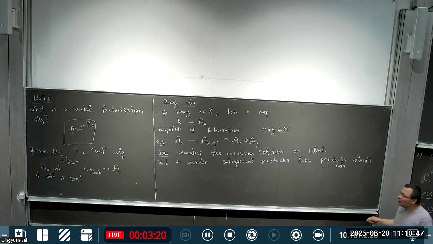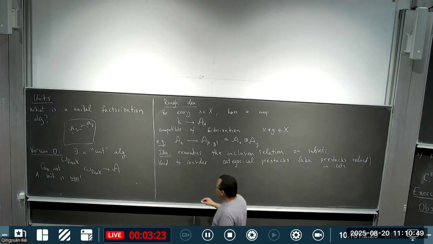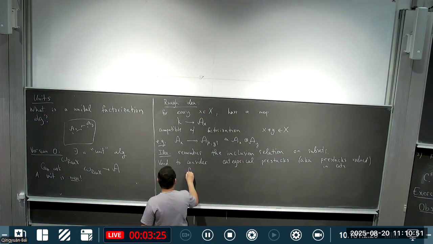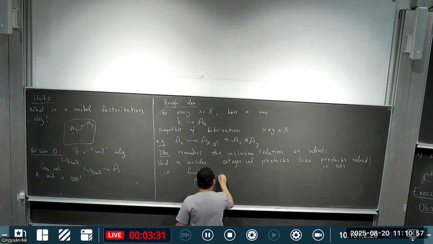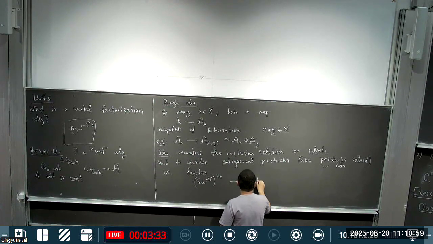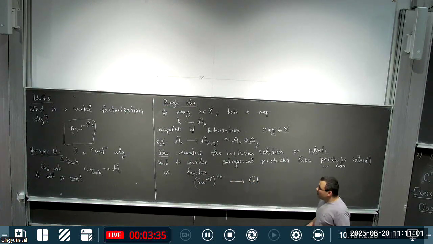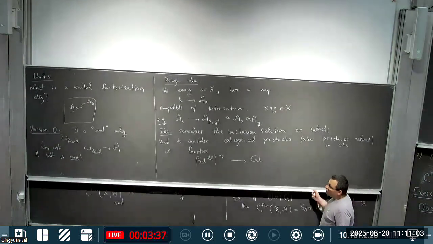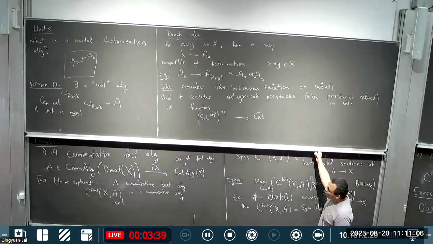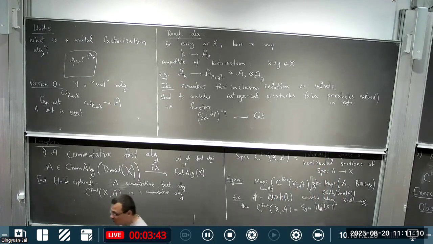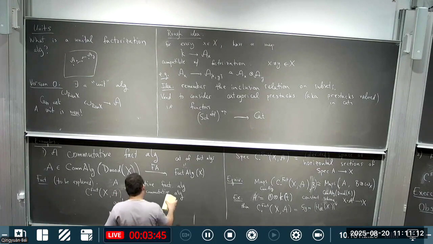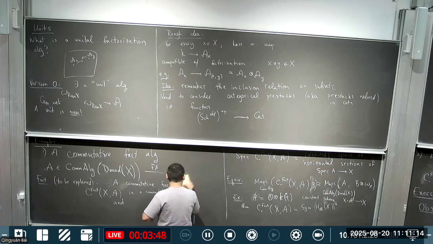Now we can just as well consider functors from the opposite of affine schemes, not to groupoids, but to categories. Let me name the main example that we'll want to consider, the unital Ran space.